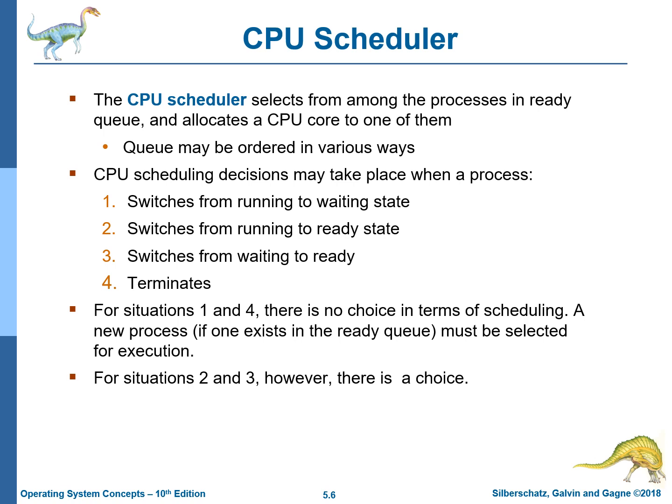For situations 1 and 4, there is no choice in terms of scheduling. A new process, if one exists in the ready queue, must be selected for execution. For situations 2 and 3, however, there is a choice.